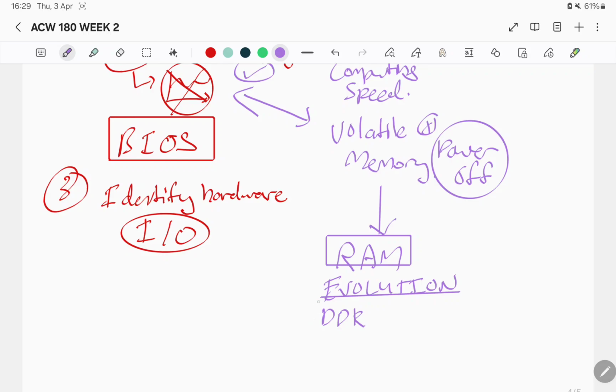Actually before that there's another generation, and there are different generations for DDR.